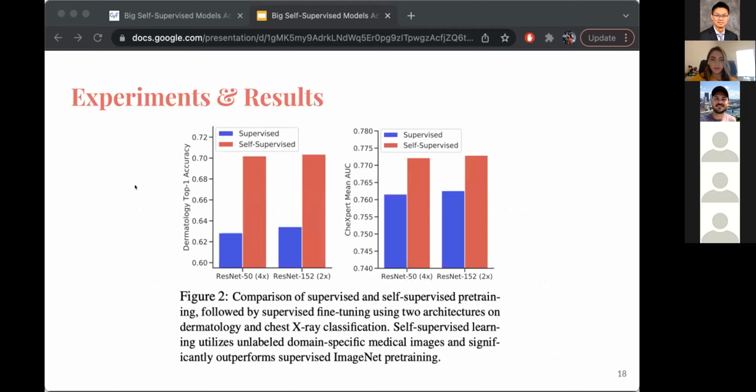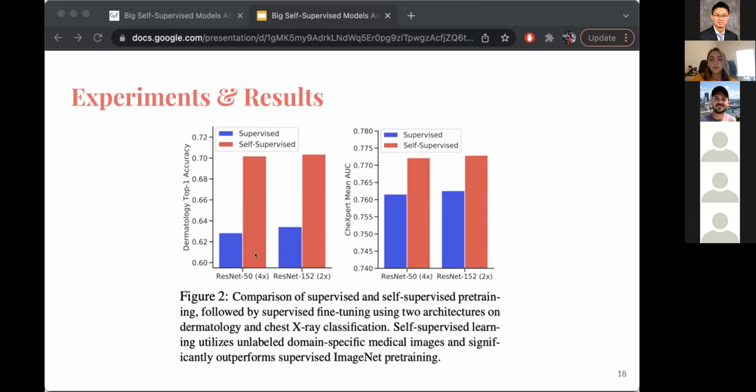I'll talk about the experiment and the results. Here we can see the comparison of the supervised and the self-supervised pre-training, followed by supervised fine-tuning using ResNet 50 and ResNet 152 on the dermatology and the chest X-ray classification.